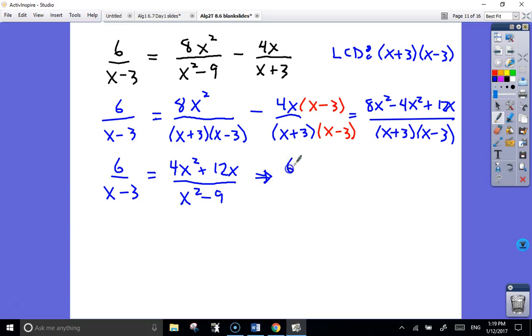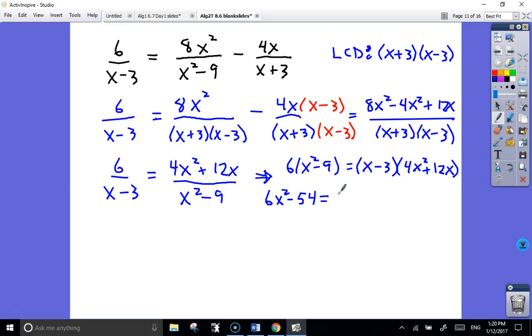Right, 6 times x squared minus 9 equals x minus 3 times 4x squared plus 12x. Okay, so 6x squared minus 54 equals, now we've got to FOIL that bit right there.